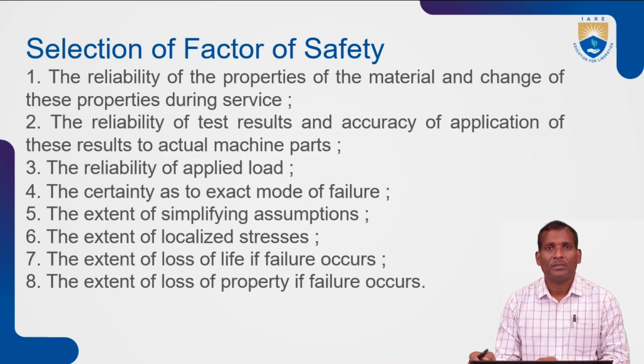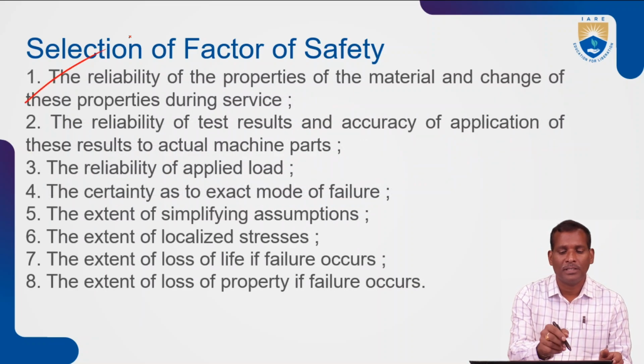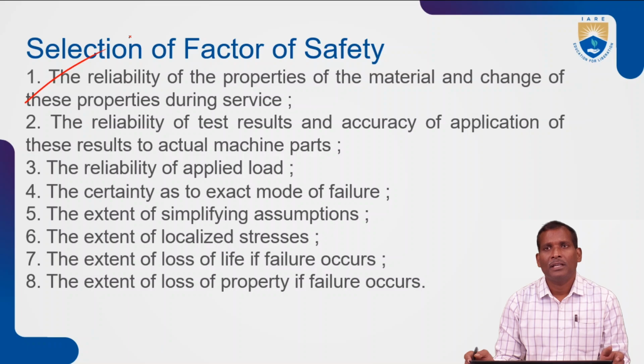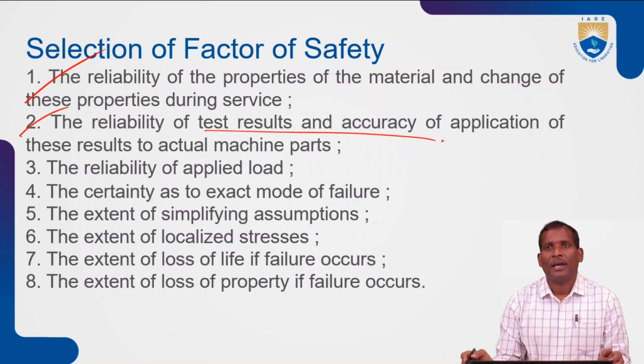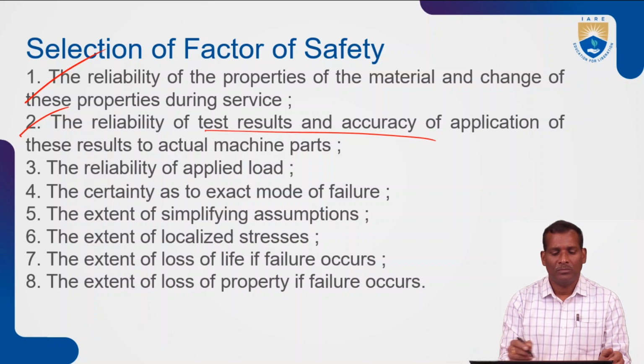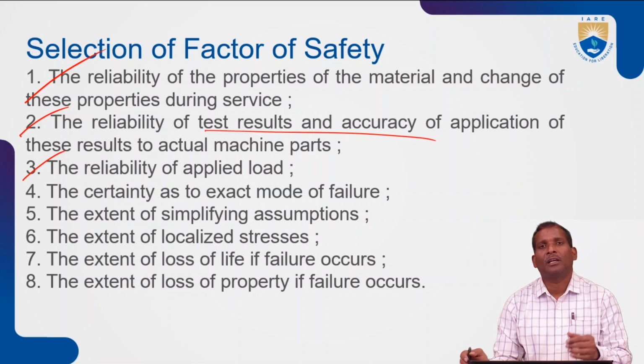What are they? The first one is the reliability of the properties of the material and the change of these properties during service. Then the reliability of test results and accuracy of application of these results to actual machine parts. Then the reliability of applied load.